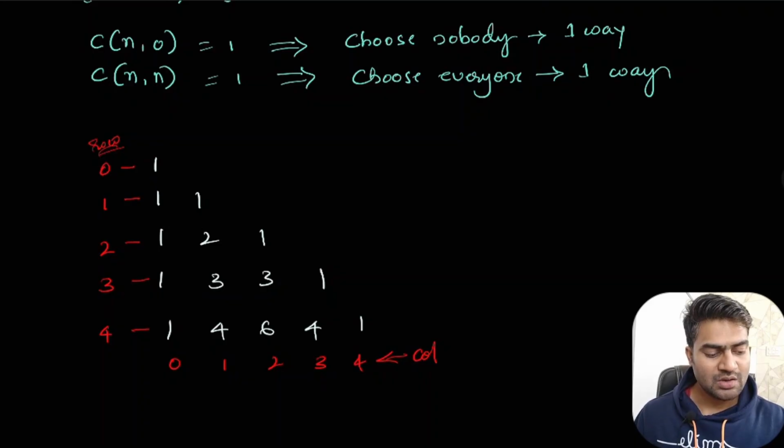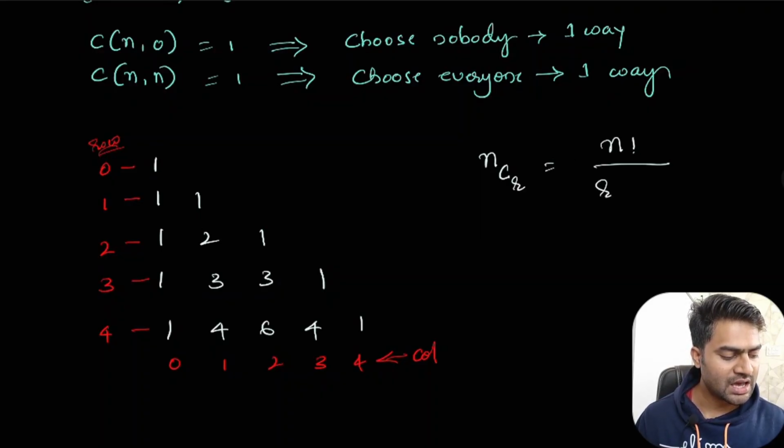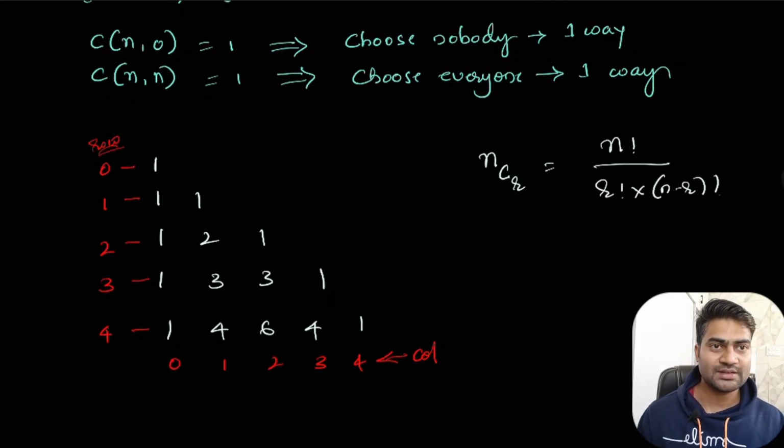What is the combination formula that we know? Basically we know the nCr formula, which is n factorial divided by r factorial times n minus r factorial. This is the basic mathematics which we know. If you don't know, you can simply remember this formula. This is the way we calculate nCr.